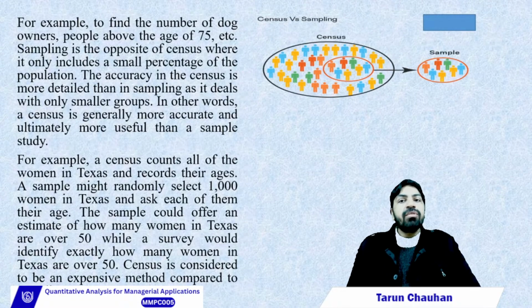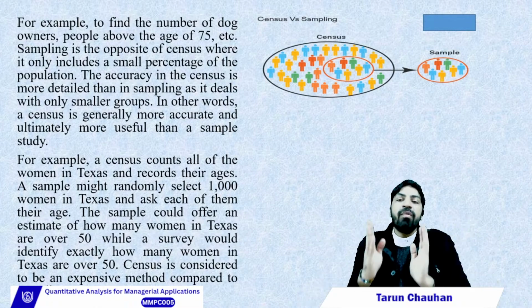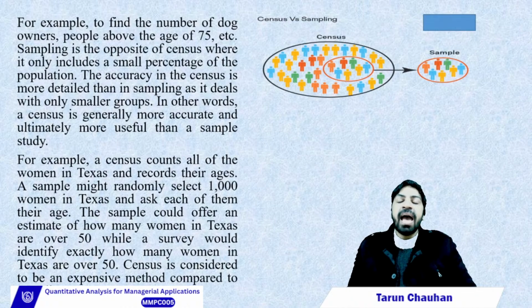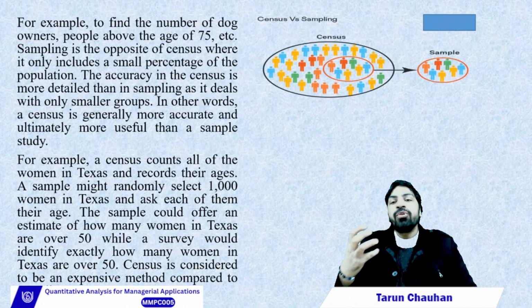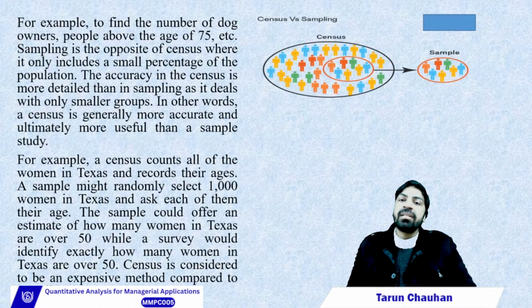So this is also one of the good examples of how you distinguish between the census and sampling. In a census, each and every member is involved, and in a sample, a selected group is considered and used to collect the data. For example, consider finding out the number of dog owners among people above the age of 75.